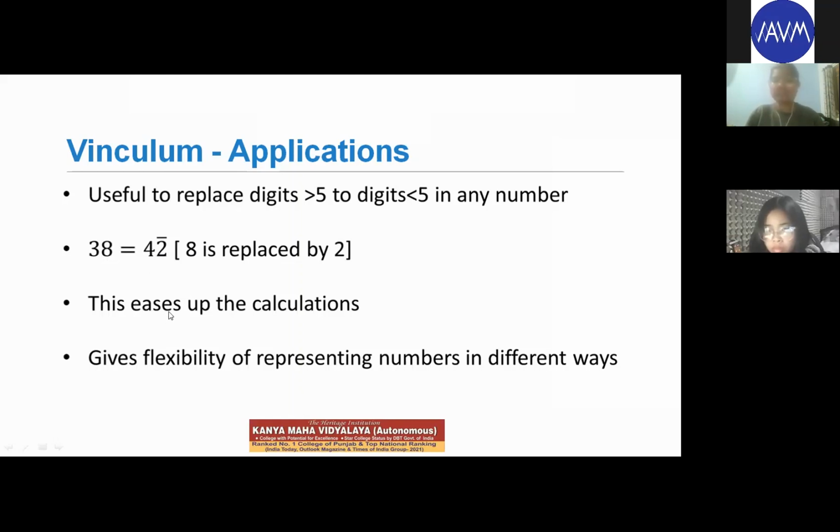This eases up all the calculations and gives flexibility in representing numbers in different ways. As we represented 38 as 4 2-bar, this isn't possible in conventional mathematics, I guess.